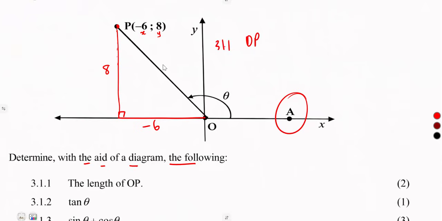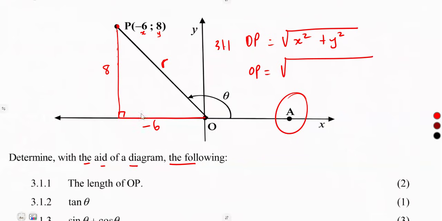That is R there, which is the square root of x squared plus y squared. So OP is the square root, where the x value is negative 6 and the y value is positive 8.